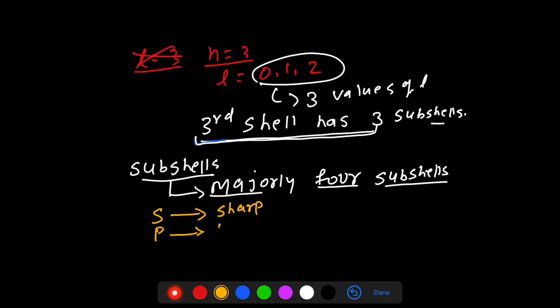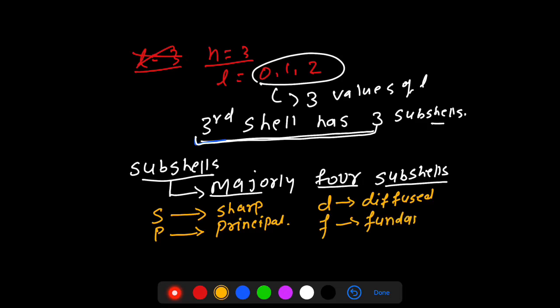Those subshells are the S subshell. S stands for sharp. There are P subshells, which stands for principal. There are D subshells, which stands for diffused. And there are F subshells, which stands for fundamental.